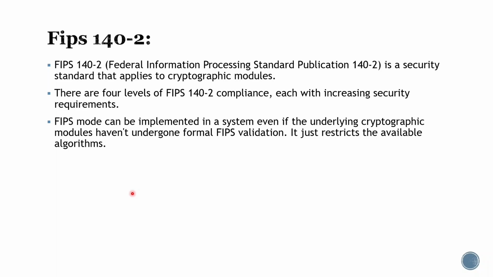Moving on to FIPS 140-2. FIPS 140-2 is a Federal Information Processing Standard publication. This is a security standard that applies to cryptographic modules. There are four levels in this particular standard, each level increasing in security, and as the security requirement increases, the level of the module selected also increases.